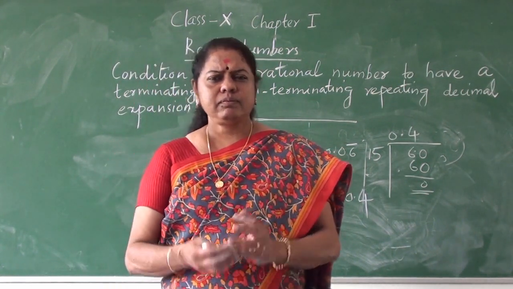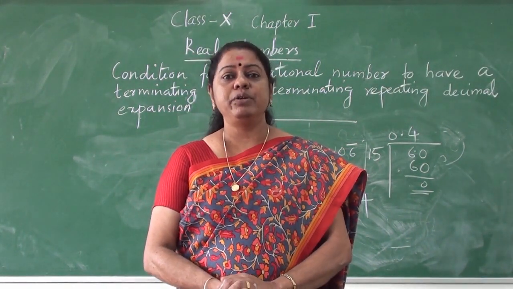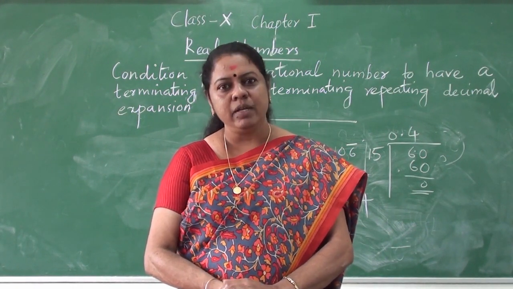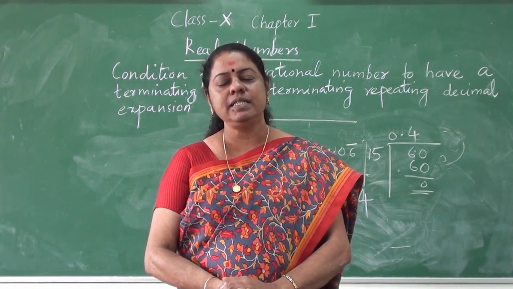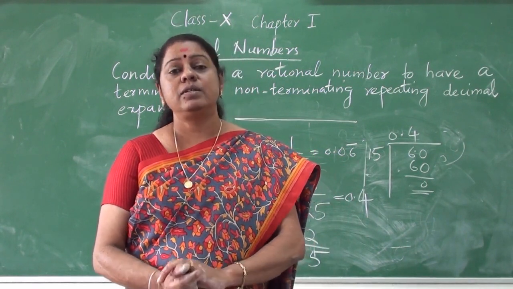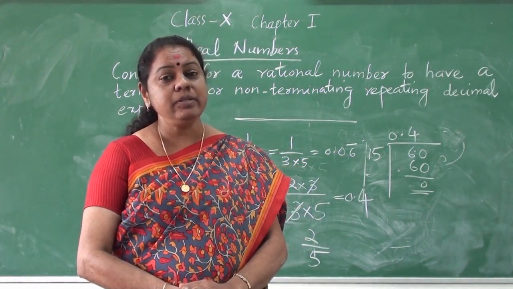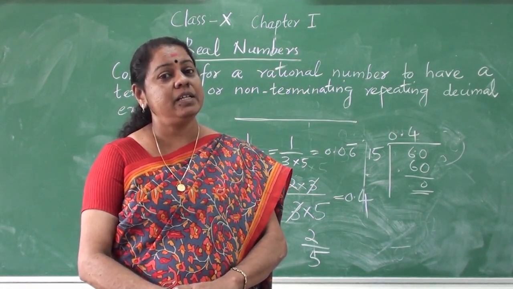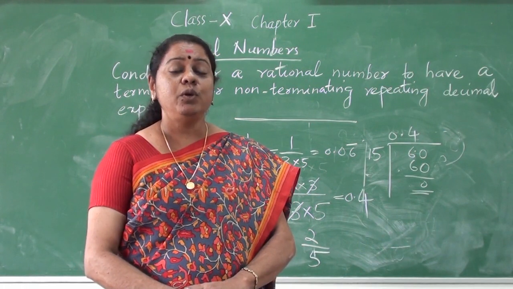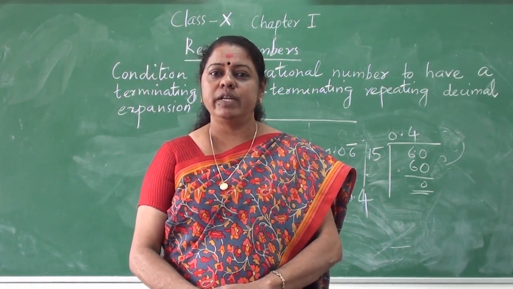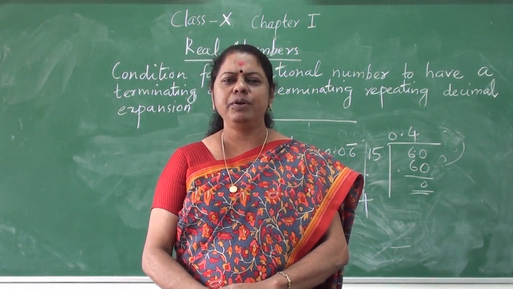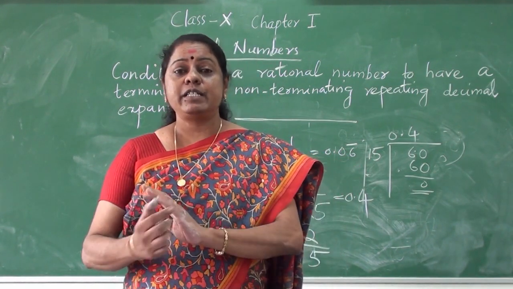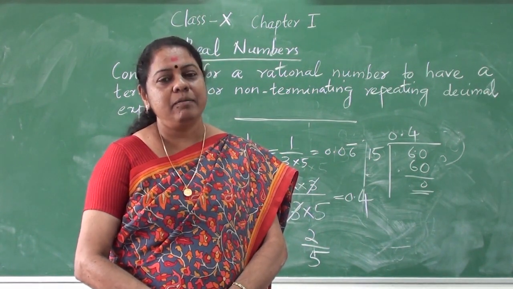Conversely, if the denominator q is of the form 2 raised to n into 5 raised to m, where n and m are non-negative integers, then the decimal expansion terminates. And the third point: in a rational number p by q, where p and q are co-primes, that is in standard form, if q is not of the form 2 raised to n into 5 raised to m, then the decimal expansion is non-terminating repeating.